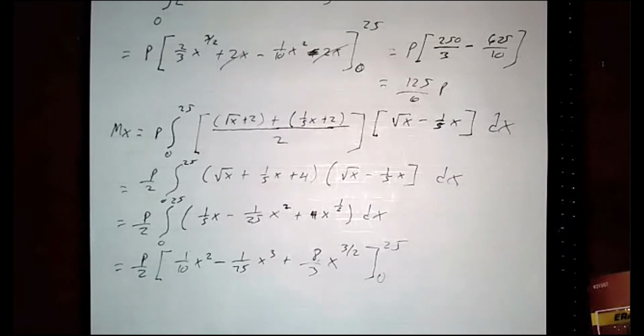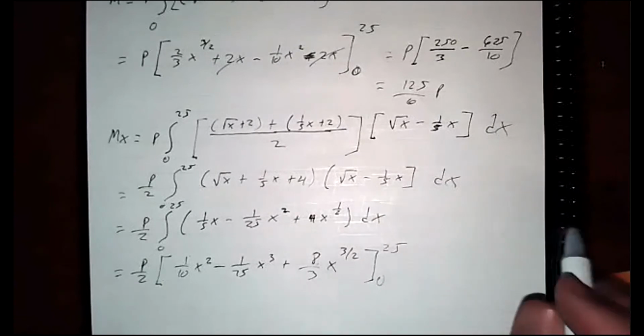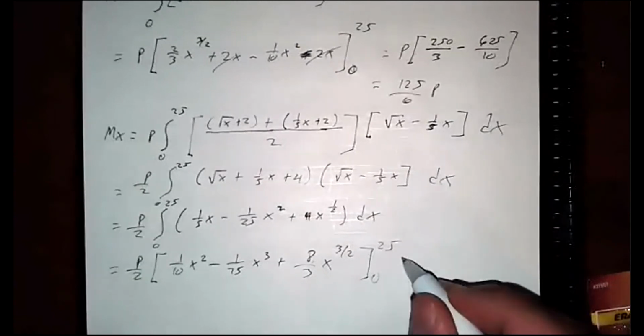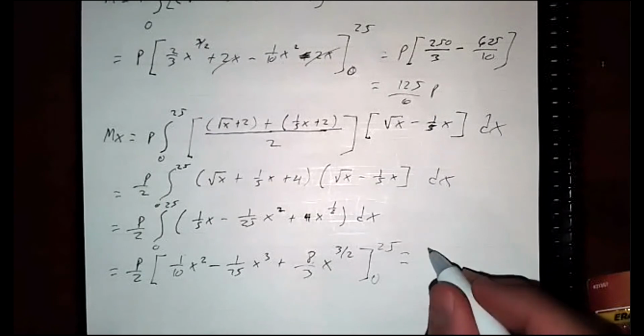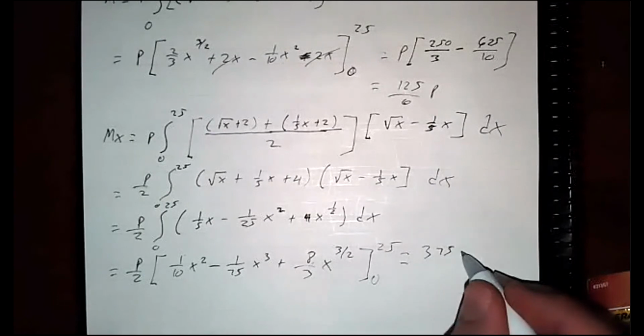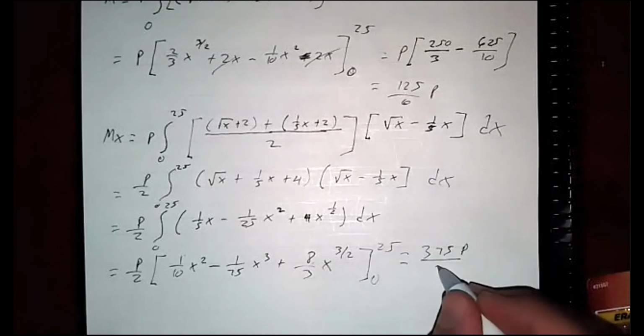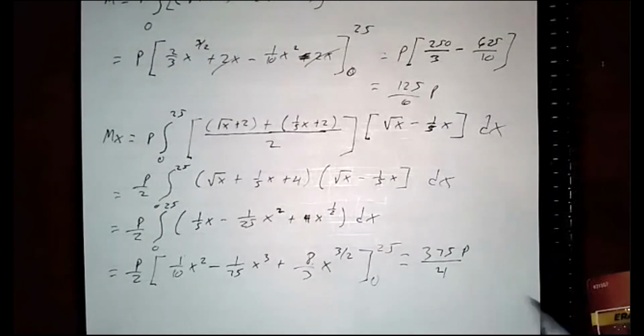Once we plug in our number, using our calculator, it's about 375p over 4. So that would be mx.